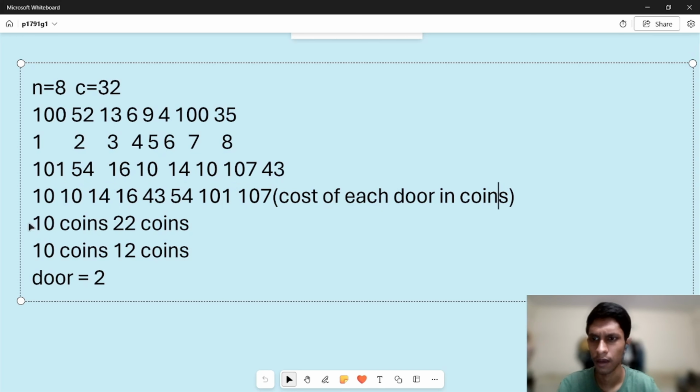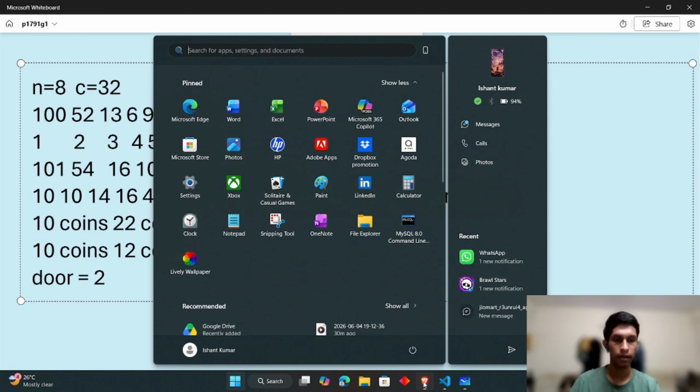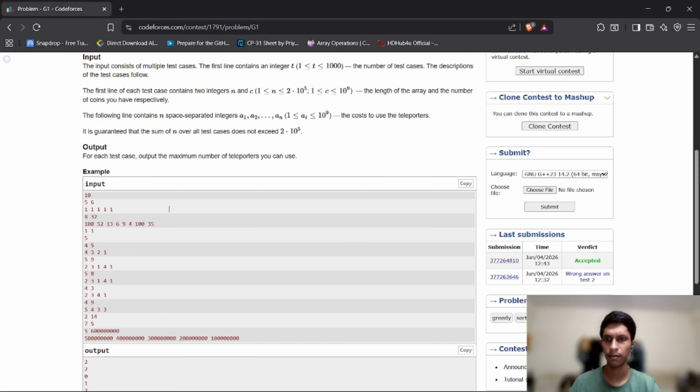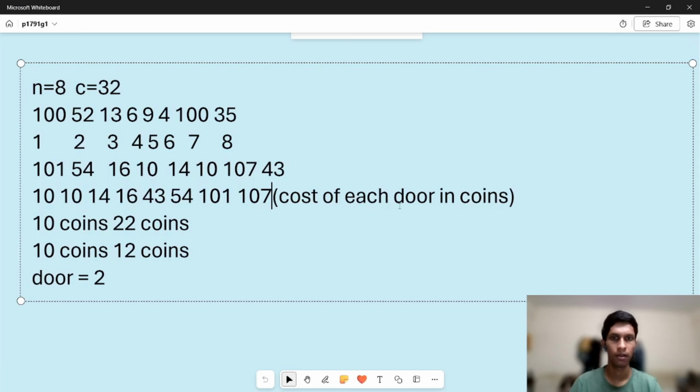After that, we'll just start from left to right, since it is sorted in ascending order, and see how many doors we can open. And let's check the answer for this test case. We are given 2, which is the answer that we are getting. So this is going to be the logic for this problem.